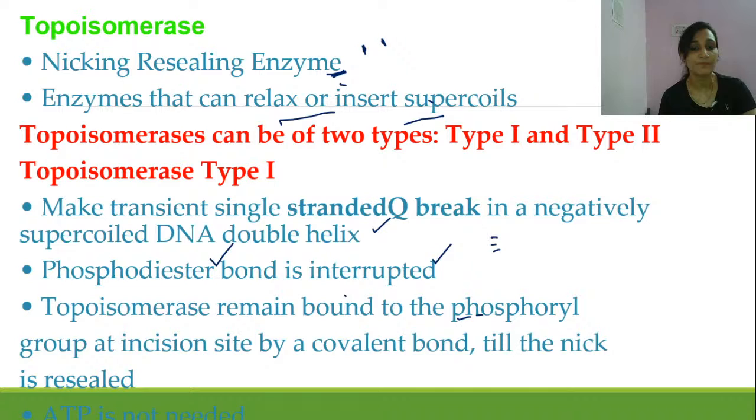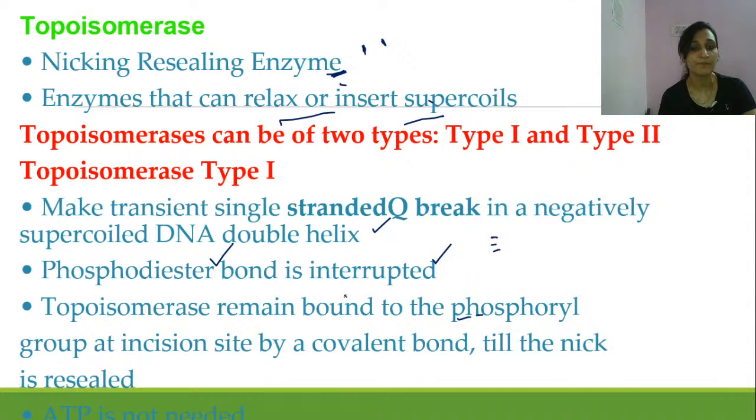Type 2 is a dimeric enzyme that binds to the double stranded DNA, and it causes a break in both of these strands. So very easy to remember: topoisomerase 1 causes a break in one strand, and topoisomerase 2 causes a break in both strands. When we need to break a single stick, it is quite easy. But if we are holding two sticks together and need to break them, more strength is needed.